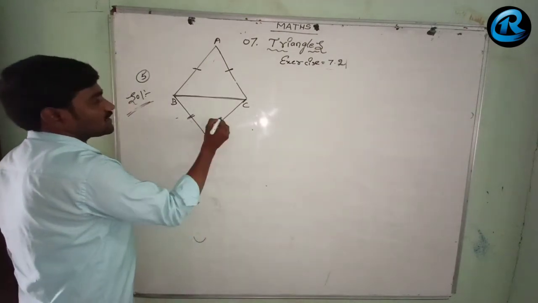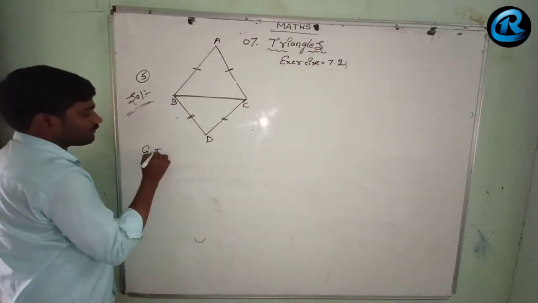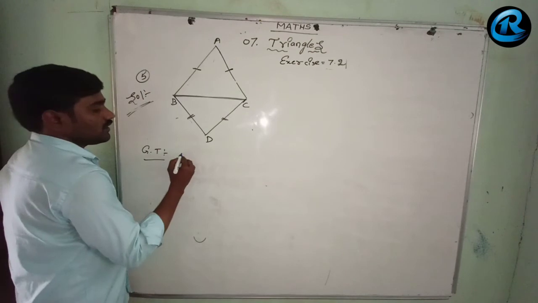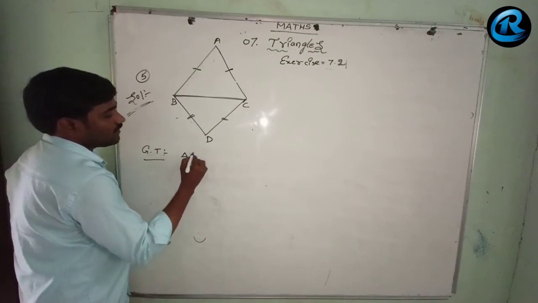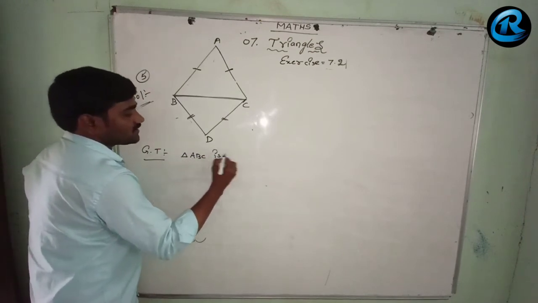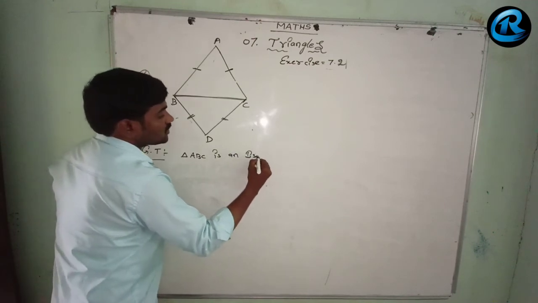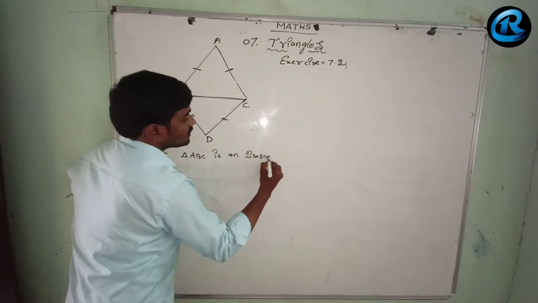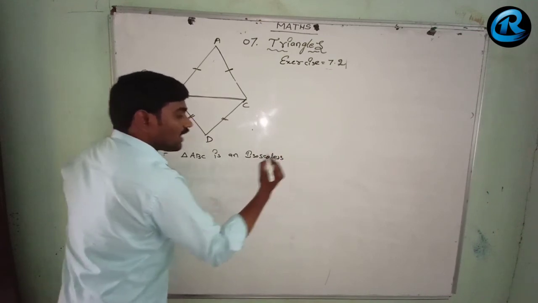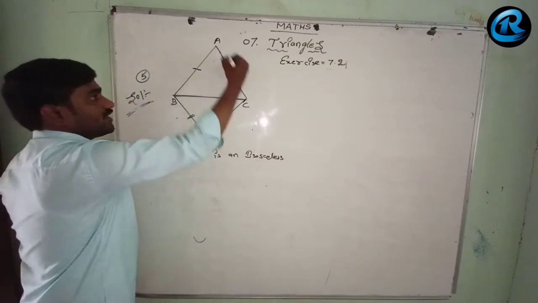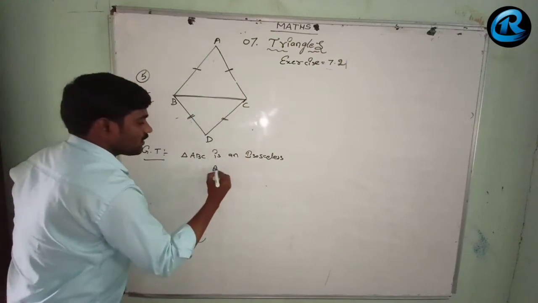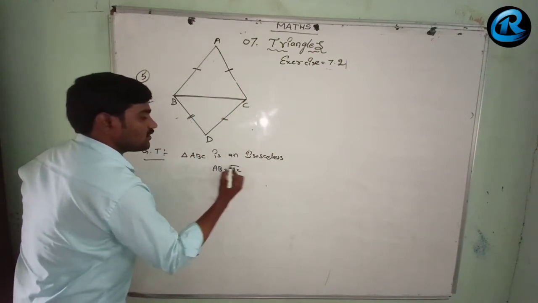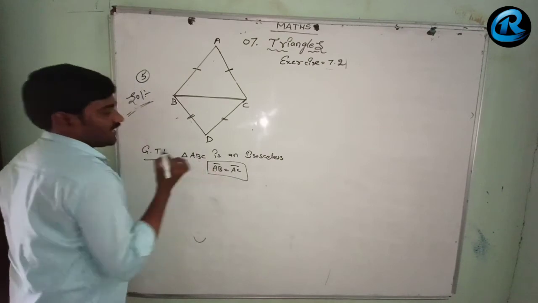Now these two sides are equal. Given that triangle ABC is an isosceles triangle, where AB equal to AC. AB equal to AC, then only it is an isosceles triangle.